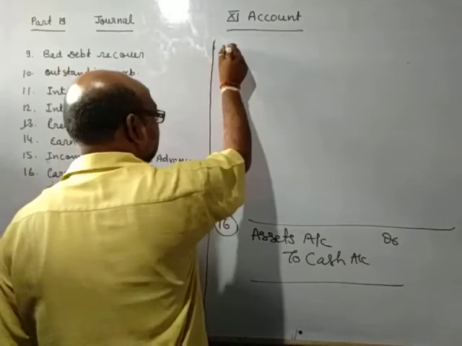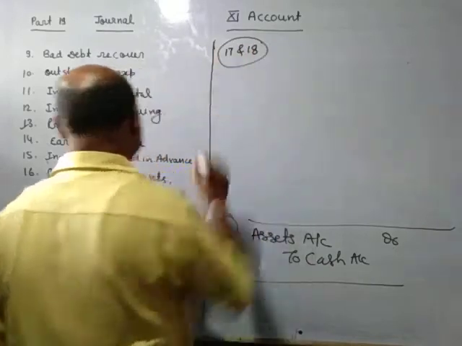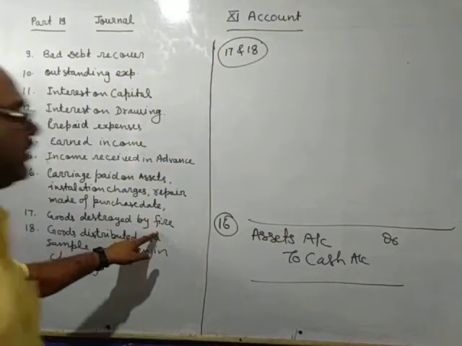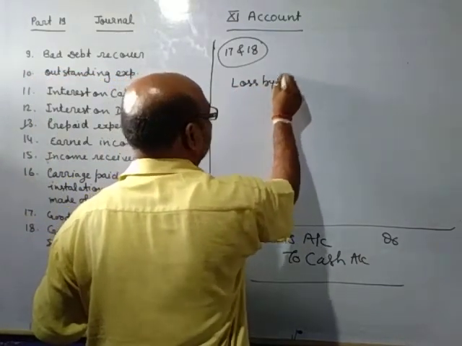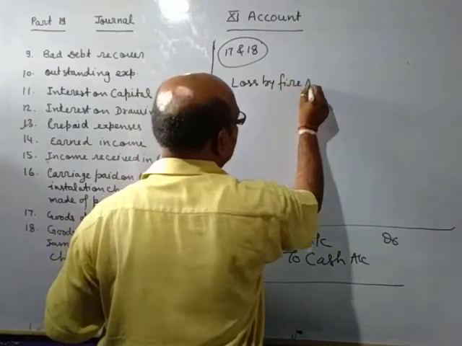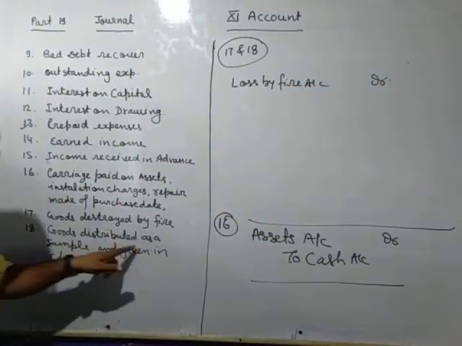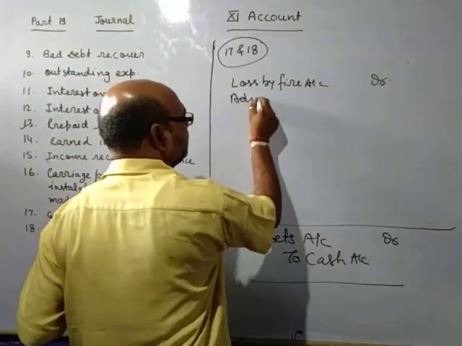And that particular account will be debit. For example, goods destroyed by fire, so this is called loss by fire account debit. Secondly, goods distributed as a sample, so advertisement account debit.